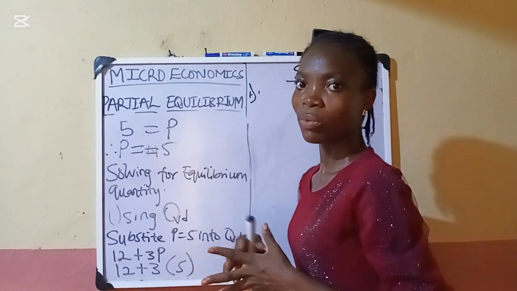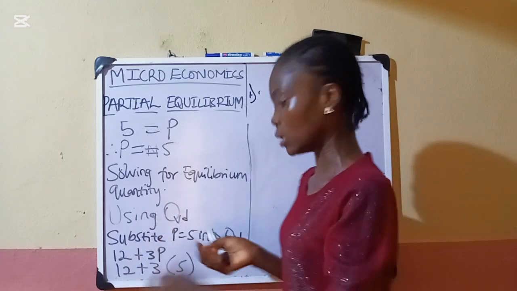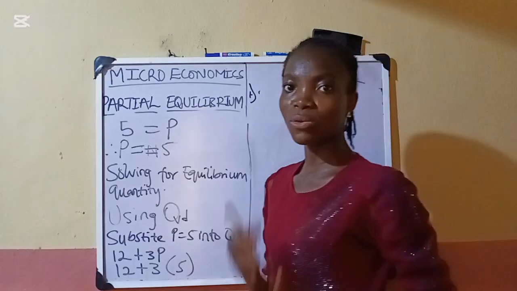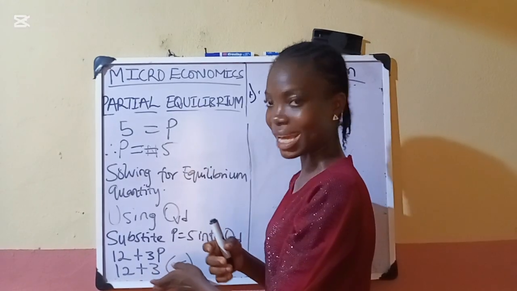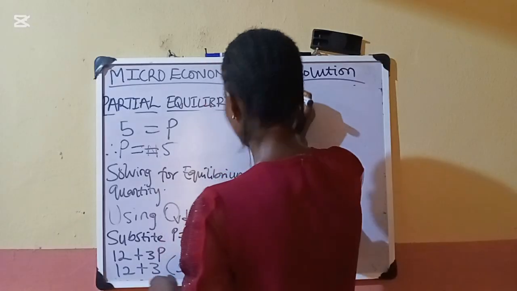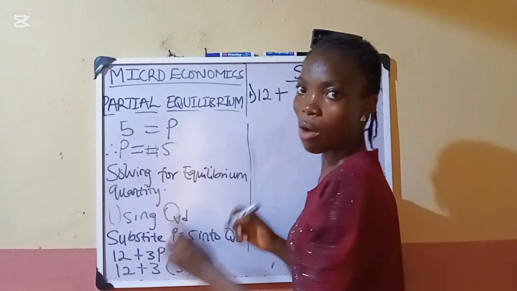Remember, in BODMAS, we do brackets, division, multiplication, and addition. Looking at this, we have brackets, we have addition. So you first solve for the brackets before you add. So you have 12 plus 3 multiplied by 5. This bracket simply means multiplication.